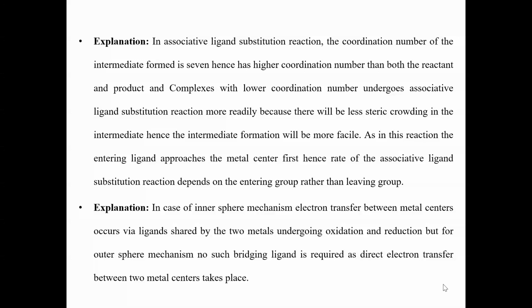So that's why the intermediate that will be formed will be more stable or more facile, you can say. In the reaction, the entering ligand approaches the metal center first. Hence the rate of associative ligand substitution reaction depends upon the entering group rather than the leaving group.